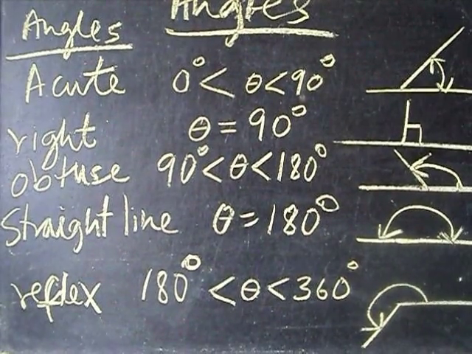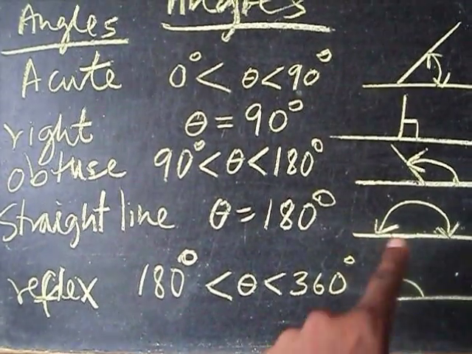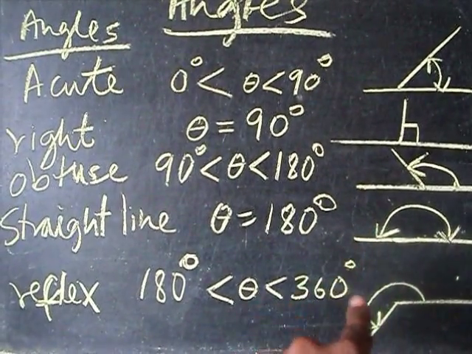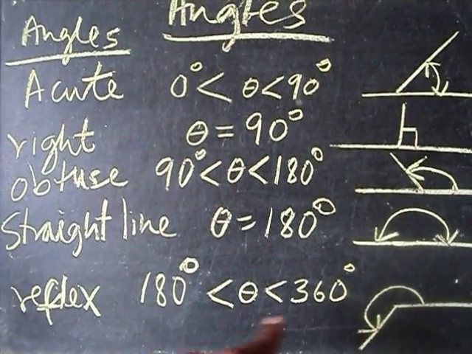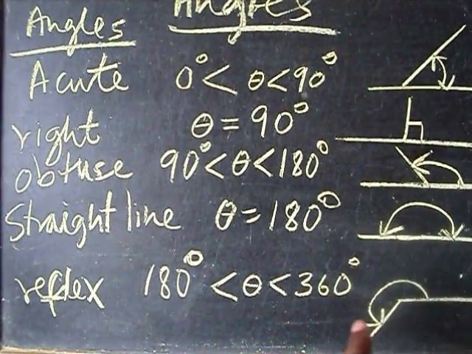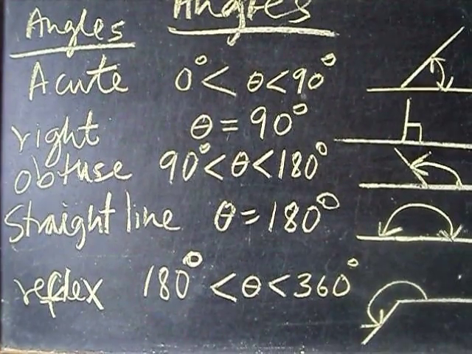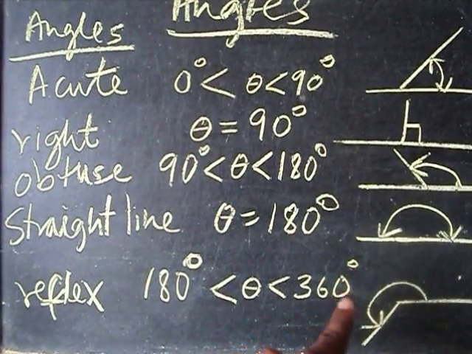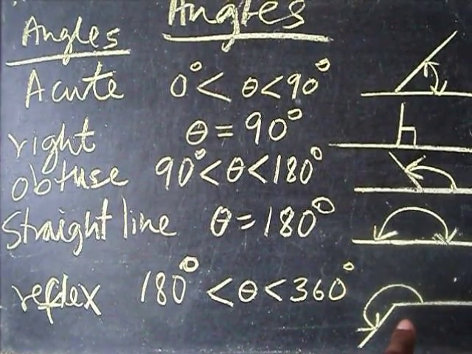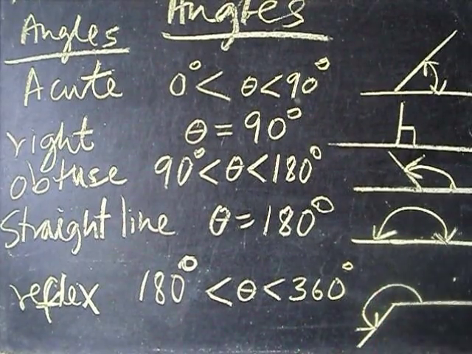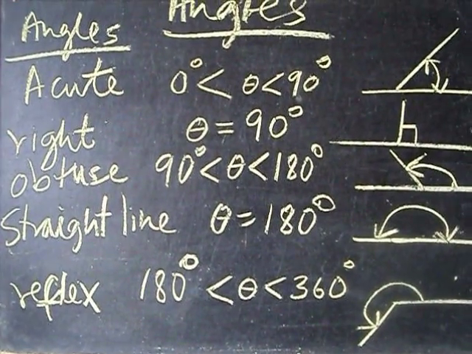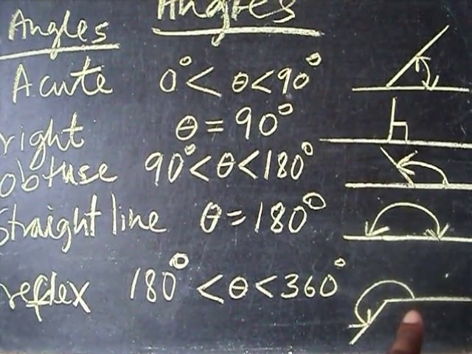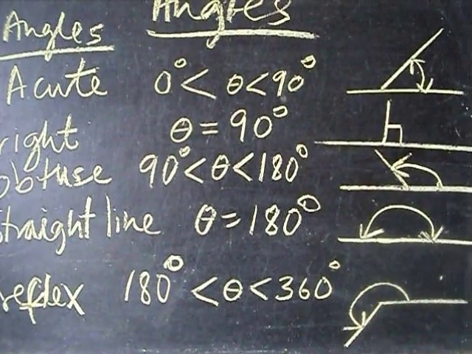Then if you go further, more than 180 but less than 360 is the reflex. The reflex angle, something coming right almost around. See that? Because you remember your straight line, that's 180. So when you go like this, that can be 260, 265, and so on. You can even go right around, almost touching, but not really touching. It can be 300, it can be 301. You go right around 300 to 359, that is also reflex.